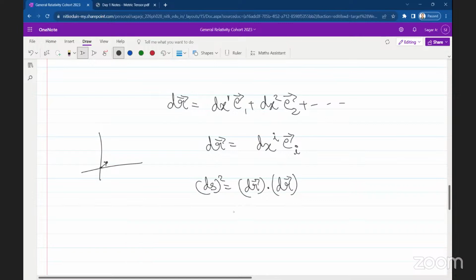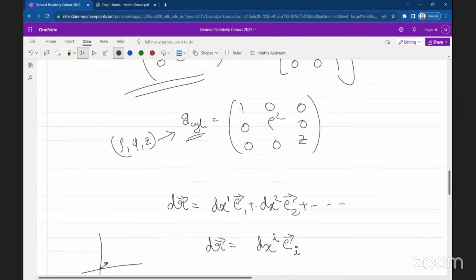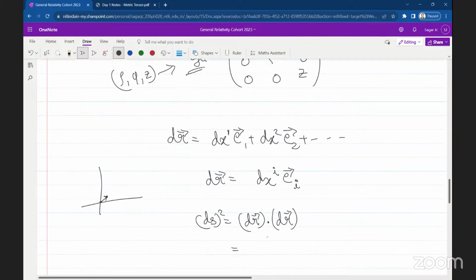It is the same expression, but with a d along with it. So it will be dx super i e sub i dotted with dx super j e sub j.